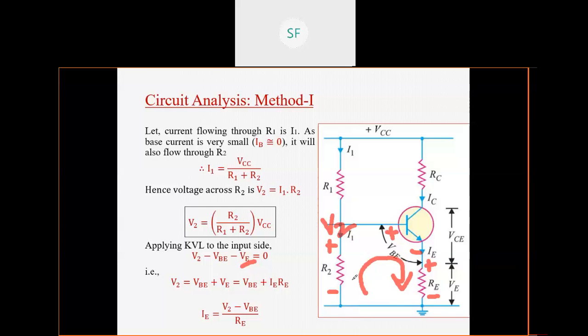In this direction we are moving, so first minus comes and after that plus. So that's why the polarity, that is the voltage drop across R2, is nothing but V2. We have taken it as V2. So V2 will get a positive sign here. Whenever there is no sign, it is nothing but positive only.